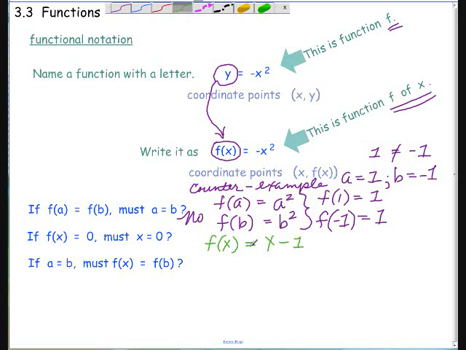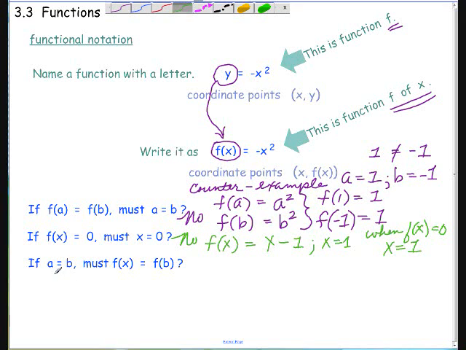So when this equals 0, x equals 1. True? So when f of x equals 0, if I put 1 in here, what will f of x equal? 1 minus 1, 0. X equals 1. So this is not true either.